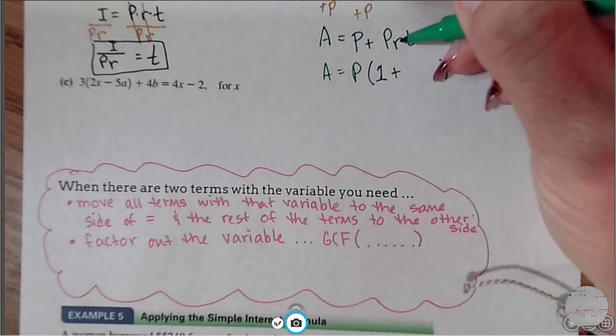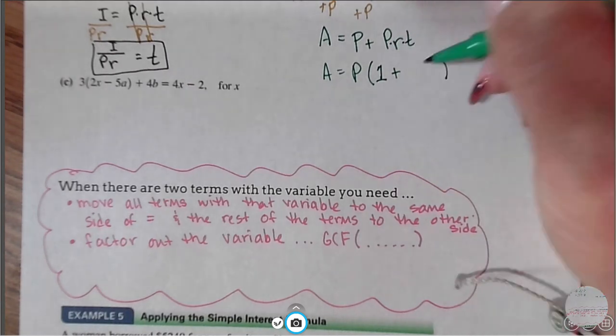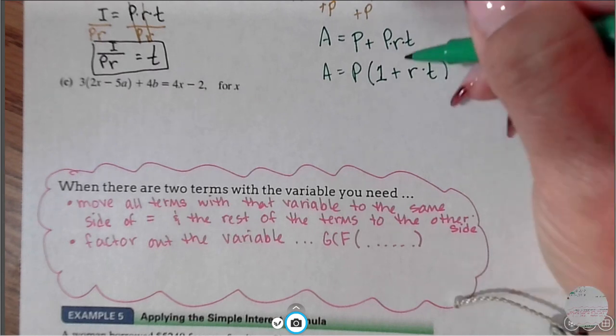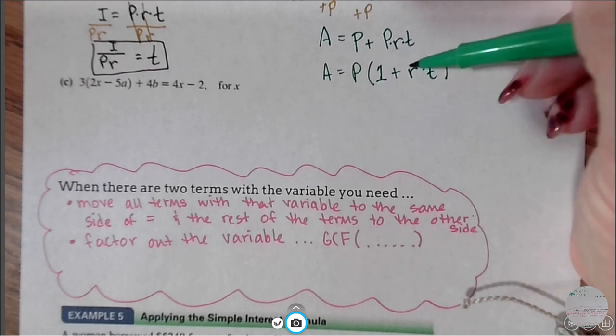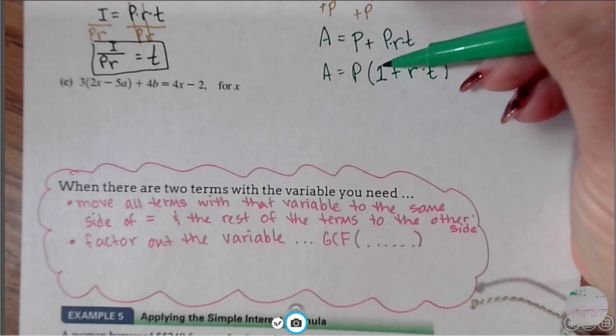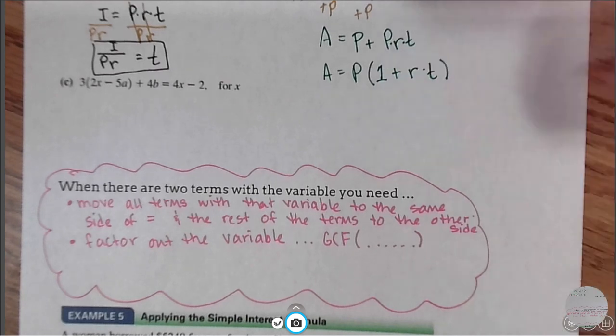And then factoring p off of the term p times r times t is just going to leave me with r times t. Technically, I could have 1 times r times t, but I don't need that 1 here in the same way that I have to have this 1 right here. This one has to be here. There could be an optional 1 right there.